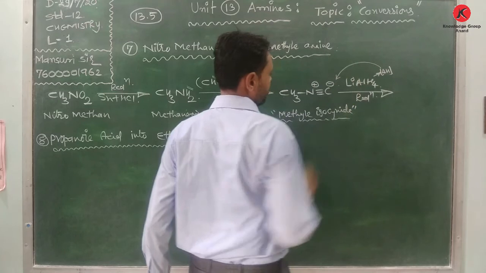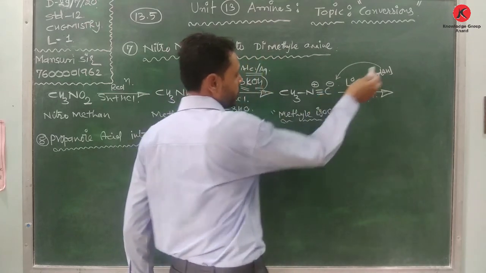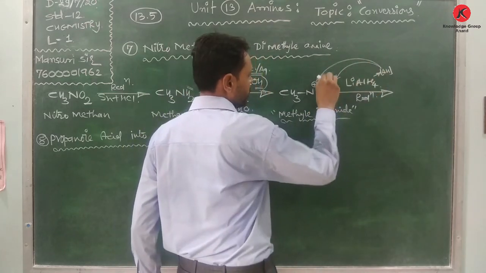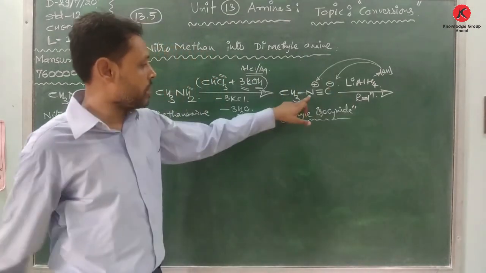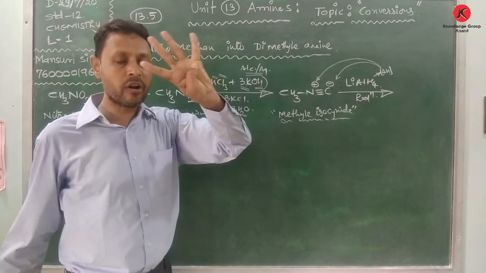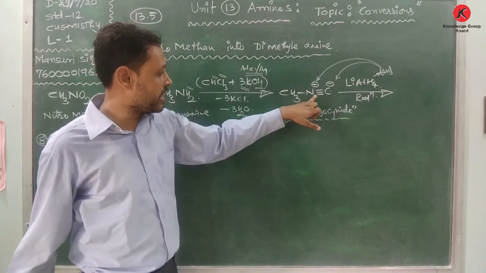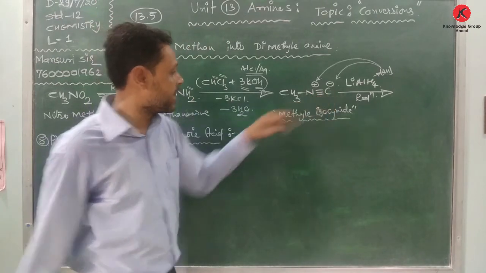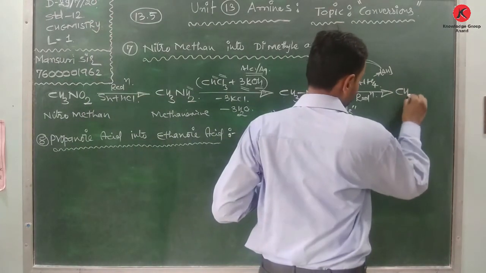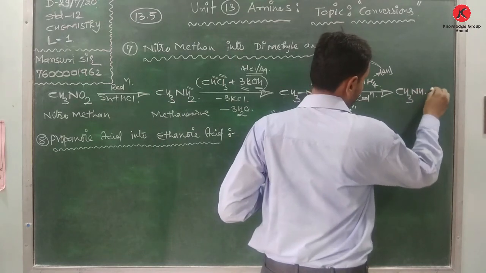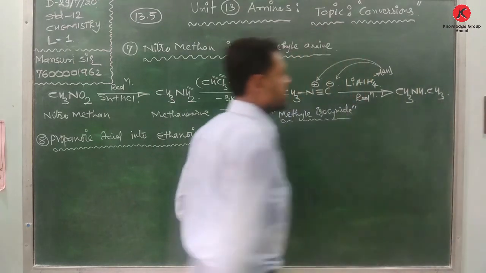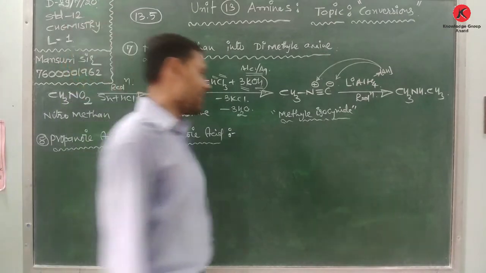Among these 4 hydrogen, 3 hydrogen go toward this carbon and 1 hydrogen goes toward the nitrogen. So CH3 NH CH3 is obtained. This is my dimethylamine.